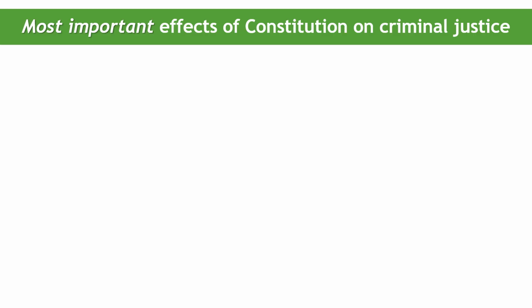The Constitution has had a profound impact on our legal system, least of all the criminal justice system. I would refer you to your other prescribed sources to have a look at some of the important effects of the Constitution. What we are going to do in the next few slides is focus our attention on the most important effects of the Constitution on the criminal justice system.